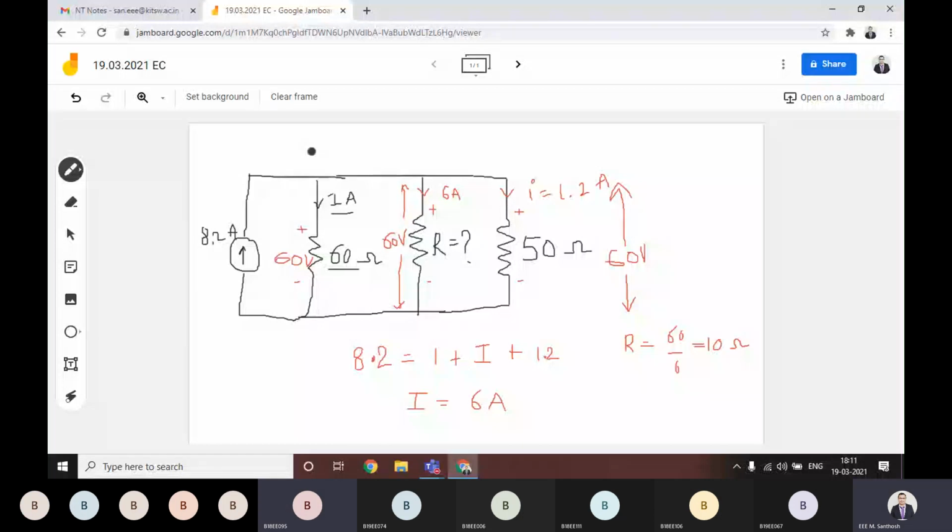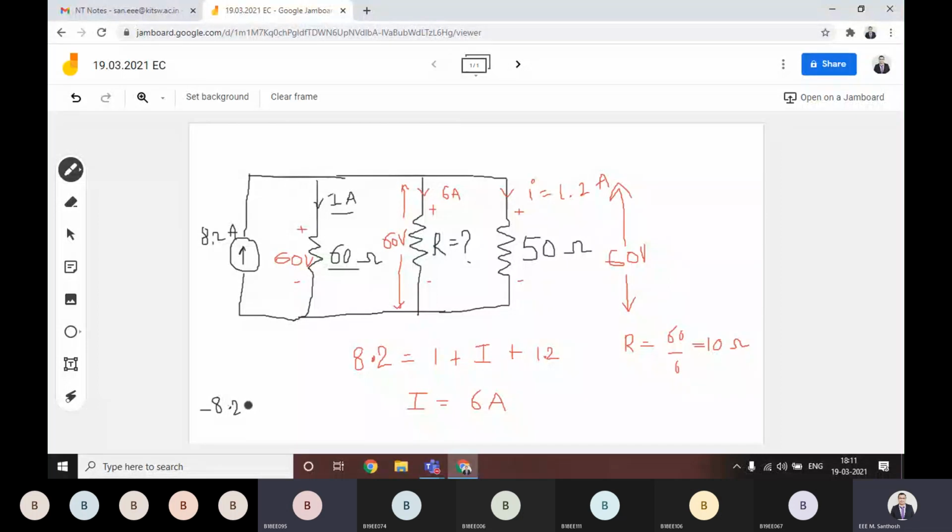What is that equation? Can you tell us the equation? Minus 8.2 plus V by 60, plus V by R, plus V by 50 is equal to 0. V is equal to 60. We can substitute the V value in that.